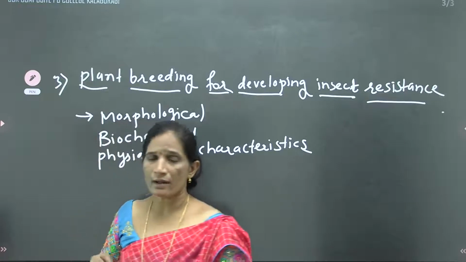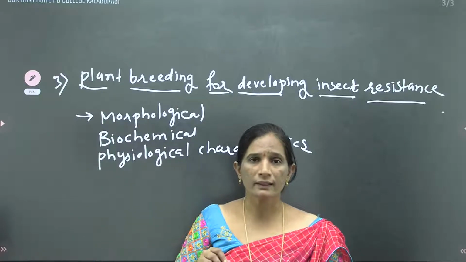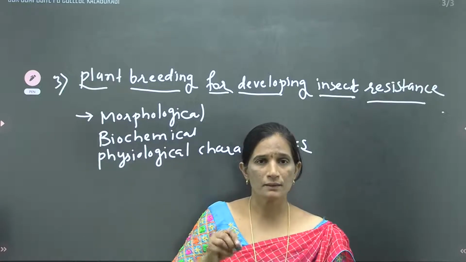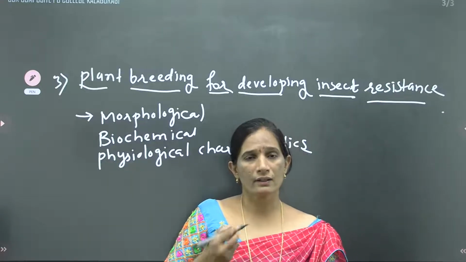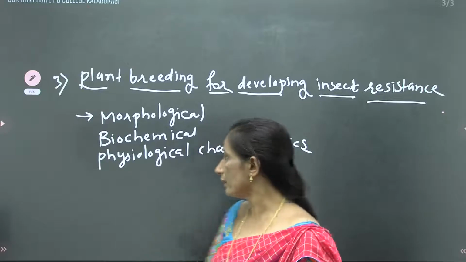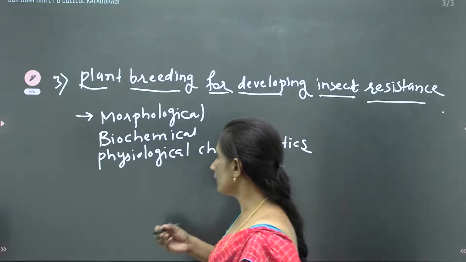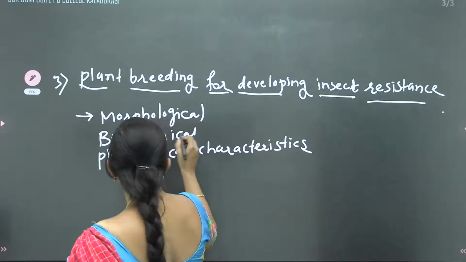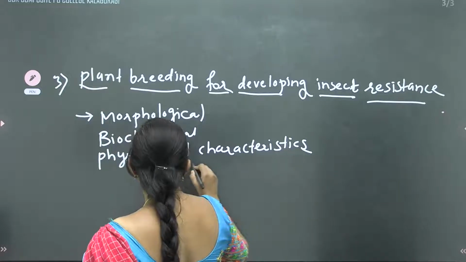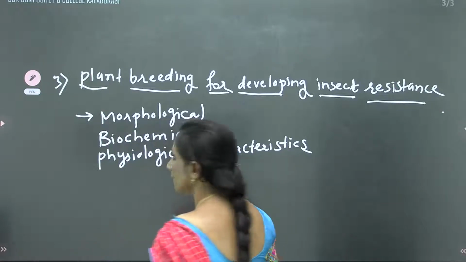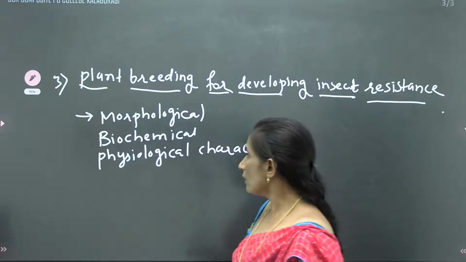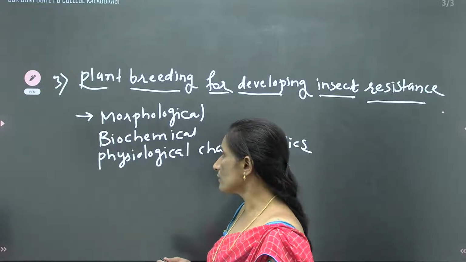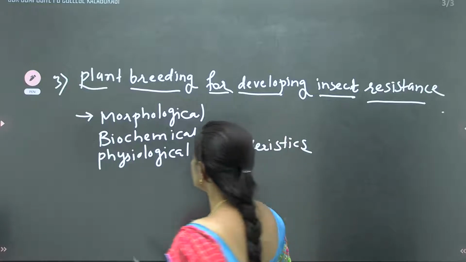Like bacteria, fungi, and viruses, insects also infect plants, and there is a large destruction in yield. So that is prevented by morphological, biochemical, as well as the physiological characteristics. Okay, so here the first one we are going to study here.